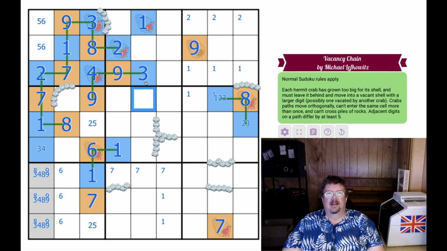It certainly can't be here. Could it be here? So that would have to be 8. Right, that can't be a 6 because I can't get my 2, because it would be next to a 1. So it can't go down. It has to go across. And now that has to be an 8.